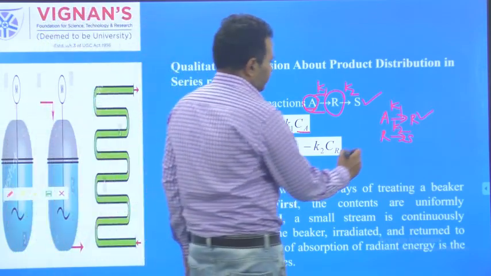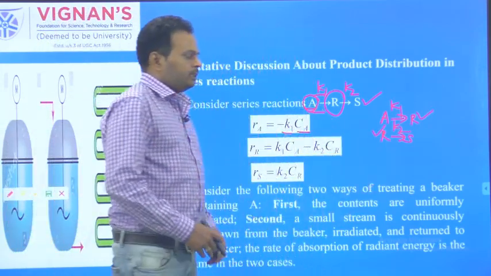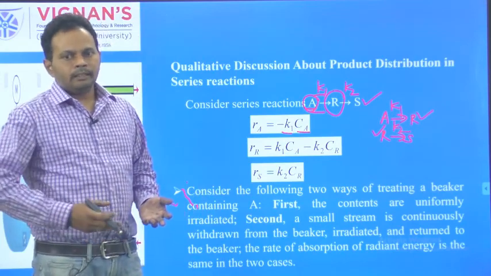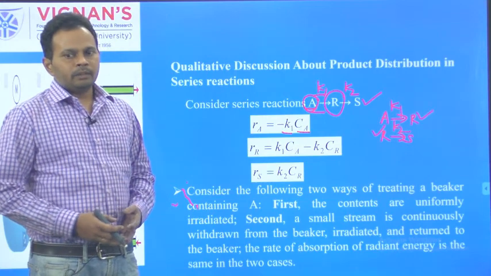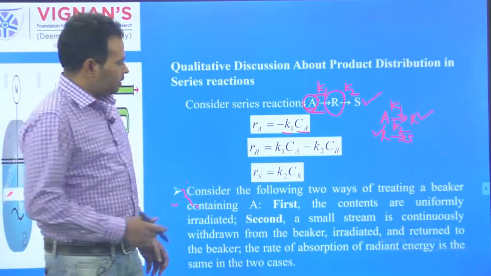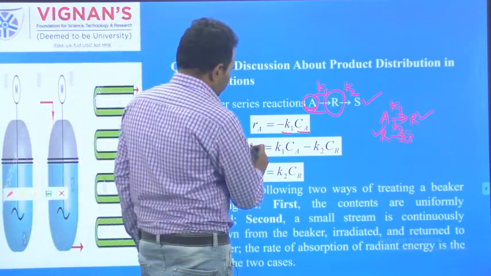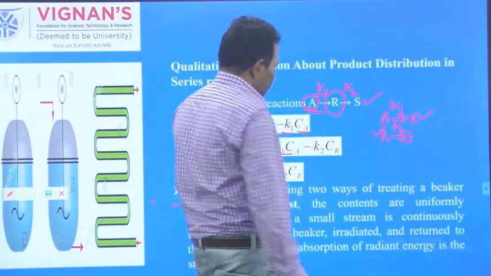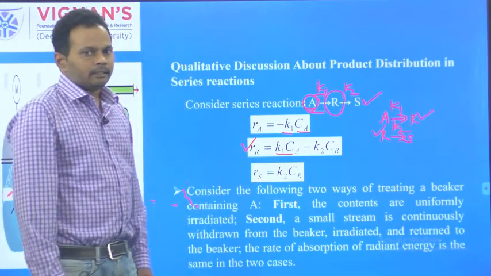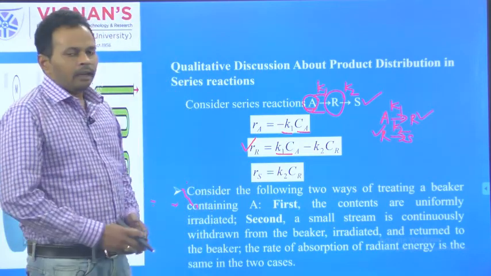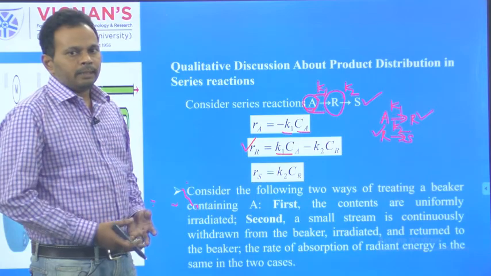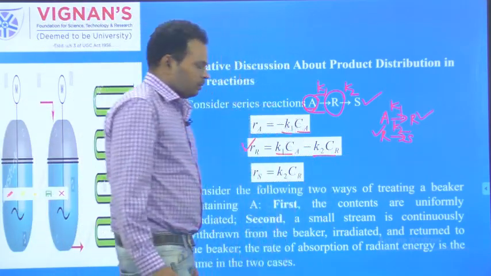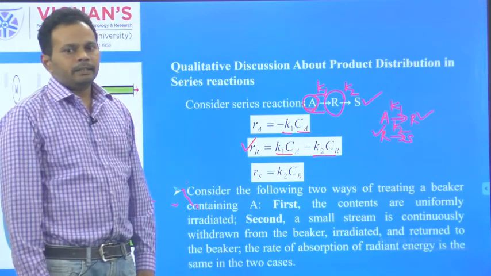When you combine these two rates, we do not know whether the obtained rate is negative or positive, since the numerical values are not given. Here you can write the rate of formation of R is equal to K1 into Ca from the first reaction, positive since R is on the product side. In the second reaction R is on the reactant side, so automatically rate is negative, so write minus K2 into Cr. So this is the net rate of the formation of R.